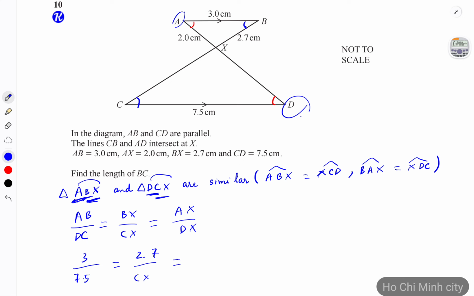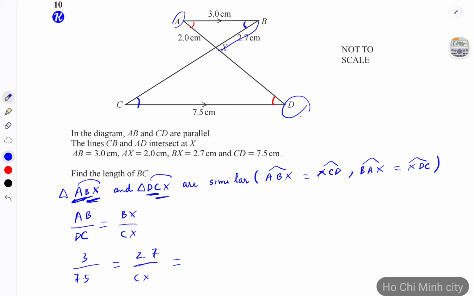So I think we don't need to write down the last one, because we just need to find the length of BC, right? We know the length of BX, so it is important to find out CX without finding the length of DX.